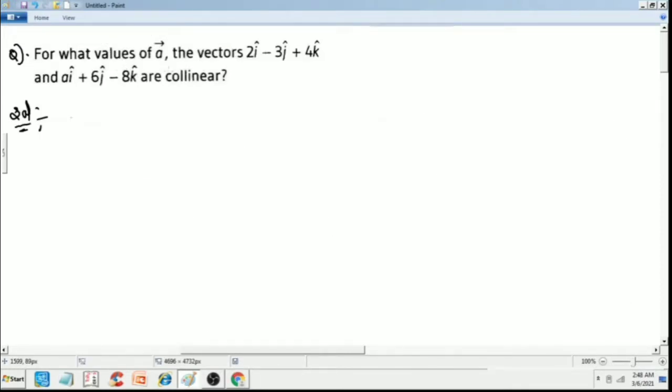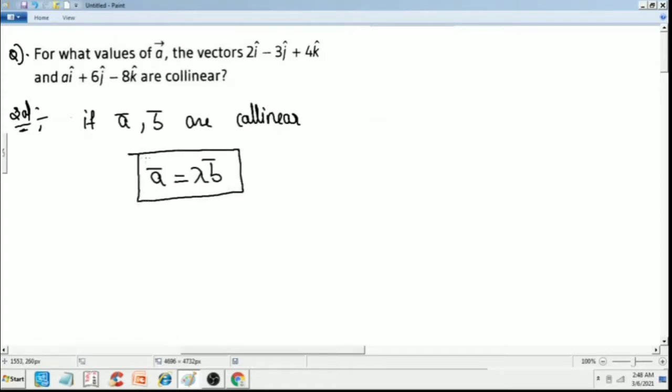For what value of p are the vectors collinear? Here given two vectors are collinear. Let us say if a bar, b bar are collinear, then they will satisfy one condition: a bar is equal to lambda times b bar. Here lambda can be any value, either positive or negative, we can't say exactly.